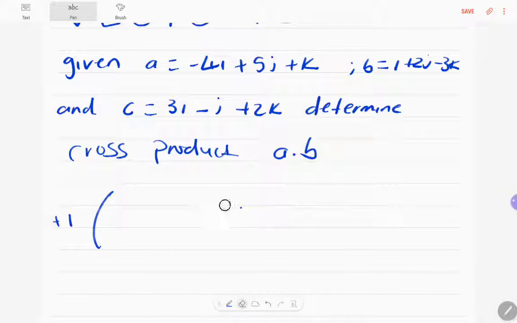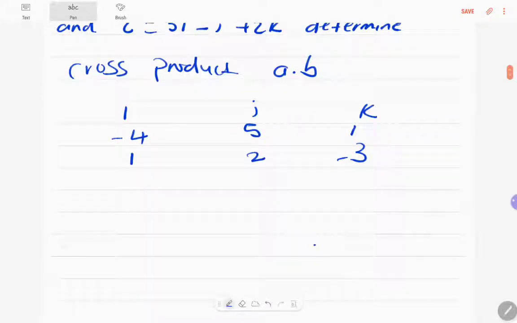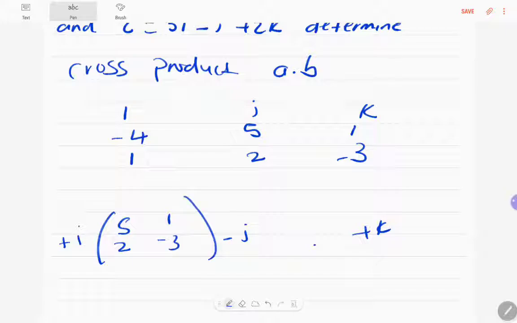Before here, let us split it first. For i, j, k, I have minus 4, 1, 5, 2, 1, minus 3. Then I can now write positive i, minus j and positive k. For i, I have 5, 2, 1, minus 3. For j, I have minus 4, 1, 1, minus 3. At k, I have minus 4, 1, 5, and 2.